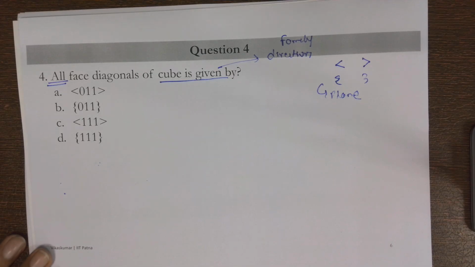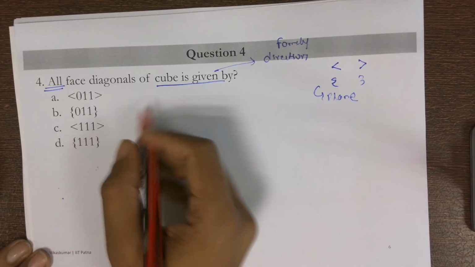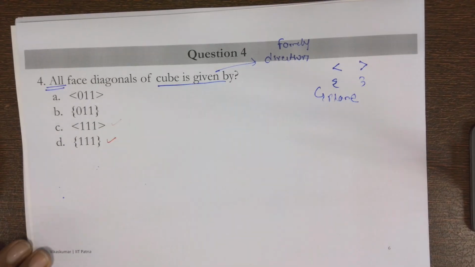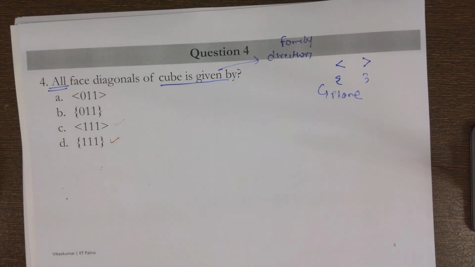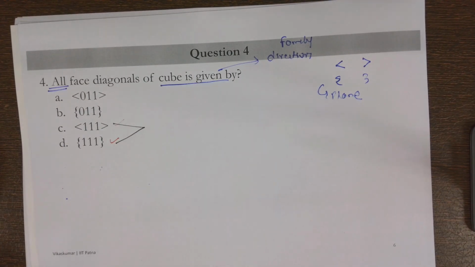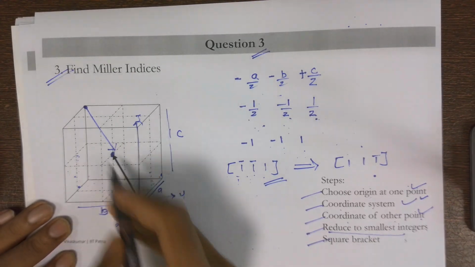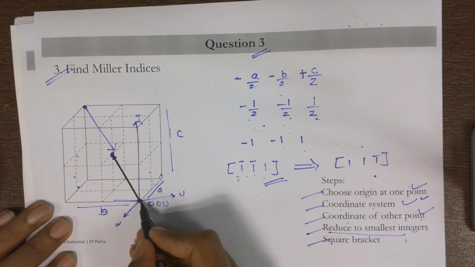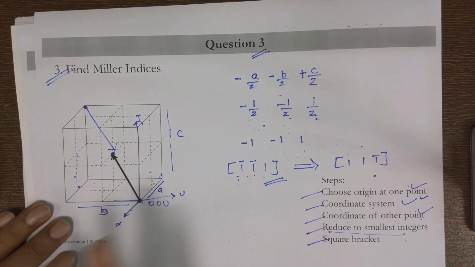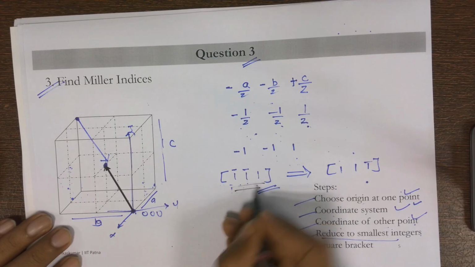So Abhimanyu has answered the option is A. That's right. Because face diagonal will be this 1, 1, 0. These are the body diagonals. They correspond to the body diagonal. Just now we saw in our last question that this particular direction was going from the 0, 0, 0 origin to the body center of the particular cube or any crystal system you can say, and it has the direction of 1 bar, 1 bar, 1.